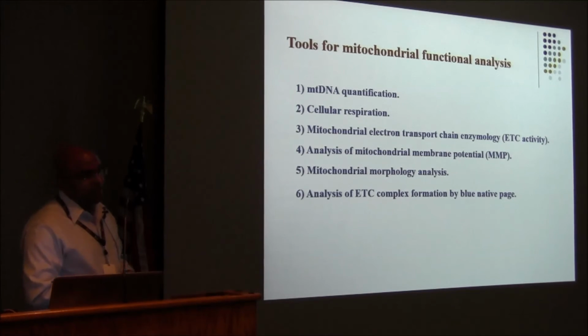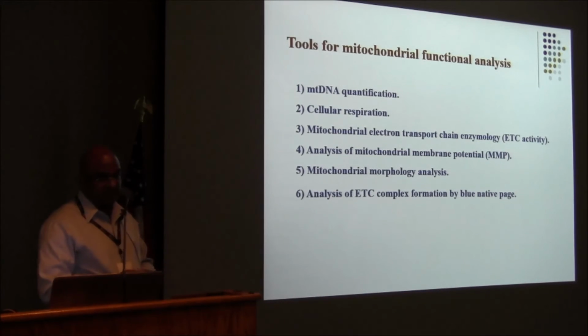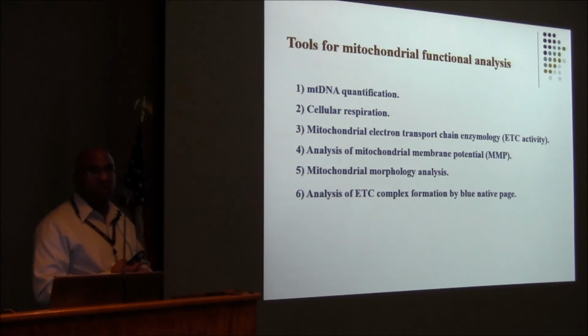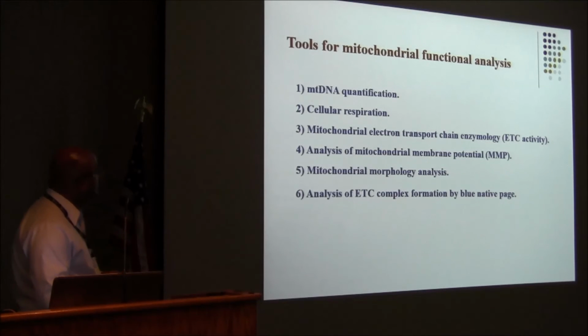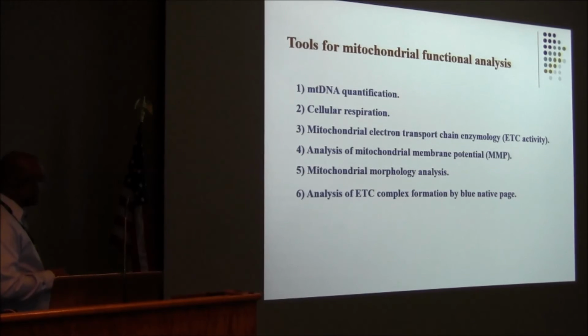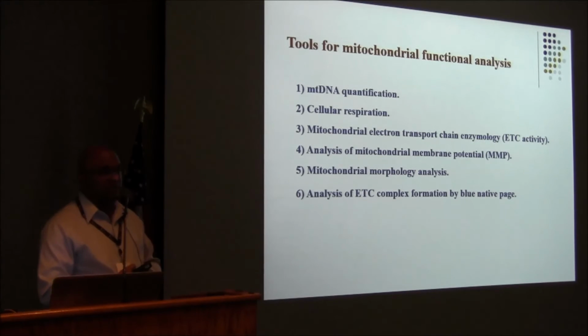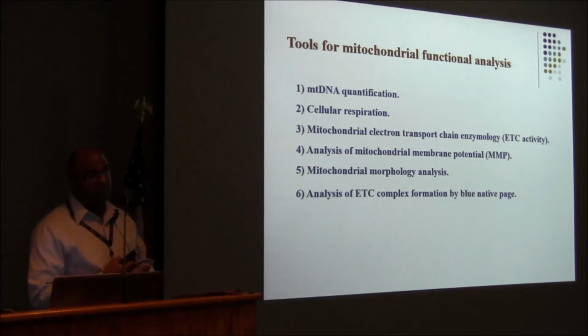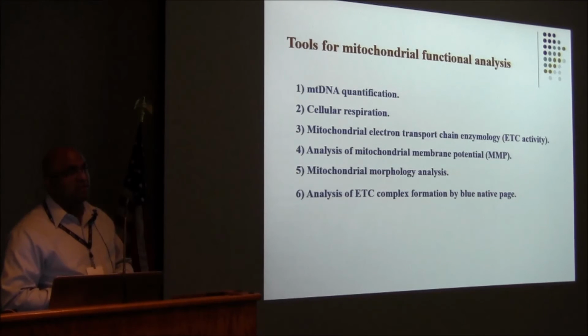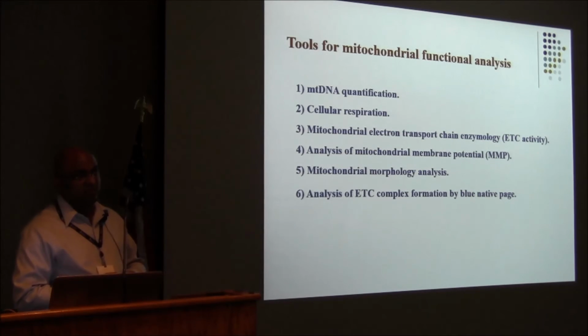So, while I was working with the mitochondrial people at Baylor, we came up with this list of tools to analyze the patient fibroblasts and come up with a diagnosis for these patients.